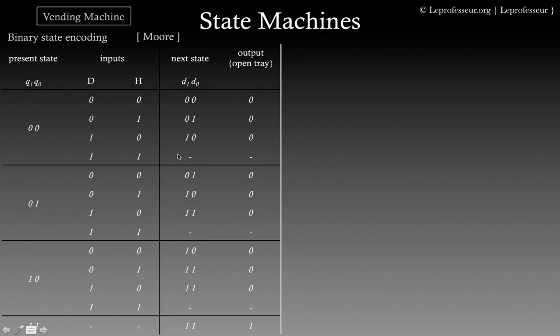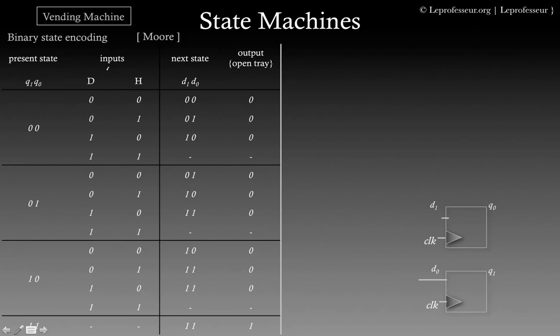As you can see, we have 2 flip-flops, 0 and 1, and we can make use of these 2 flip-flops to design the circuit. How? Simple. We need to know what should be at the input of this flip-flop, at the input of this flip-flop, and the output. 3 things. That's it, and we are done.